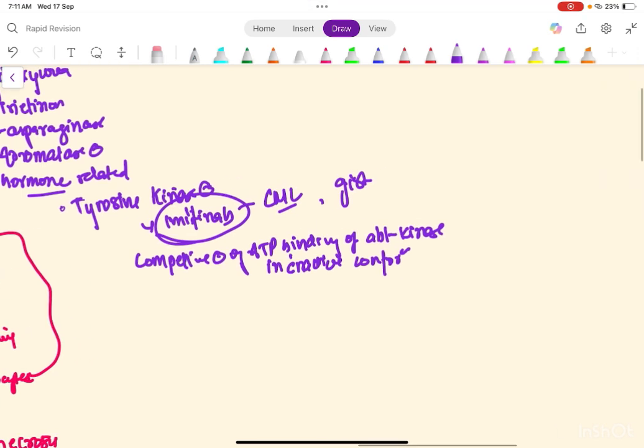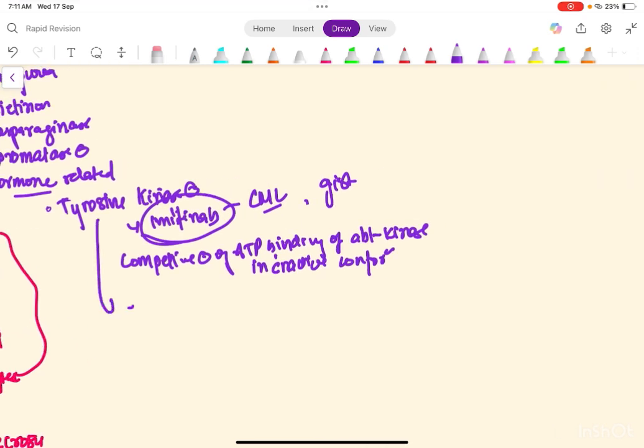Then there's one more thing, that is sunitinib, which is used for GIST, and you have sorafenib, which is used for hepatocellular carcinoma. Both can be used for renal cell carcinoma.